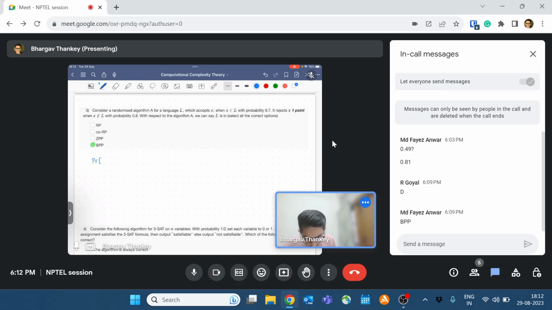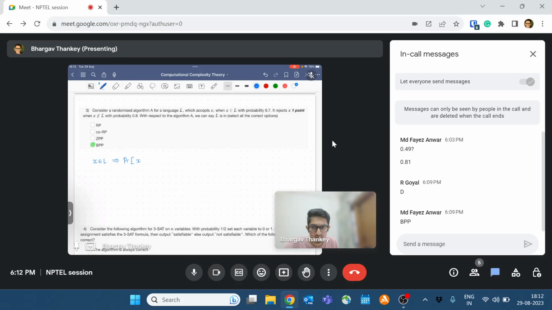Probably in the lecture, if a string is not part of the language, then the probability of its acceptance was less than 1 by 3.